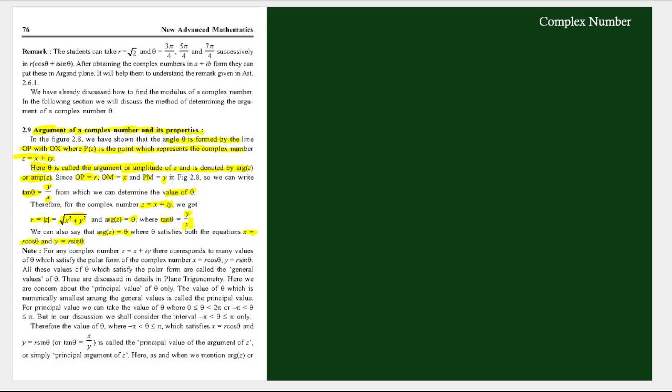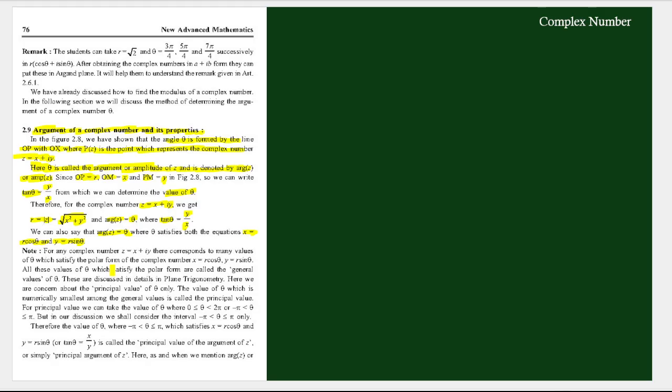If the value here is 1, then it is tan 45 degrees, then you will be able to find the value of theta. If it is 0, then it is 0 degrees. If it is infinity, then it is 90 degrees.